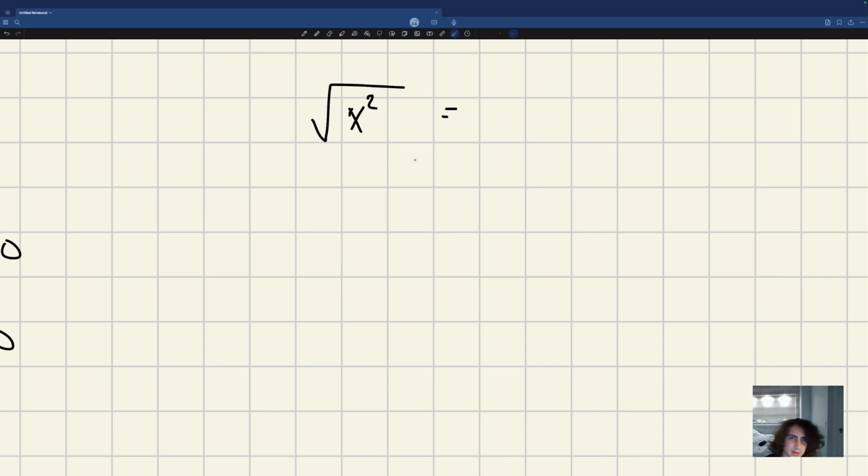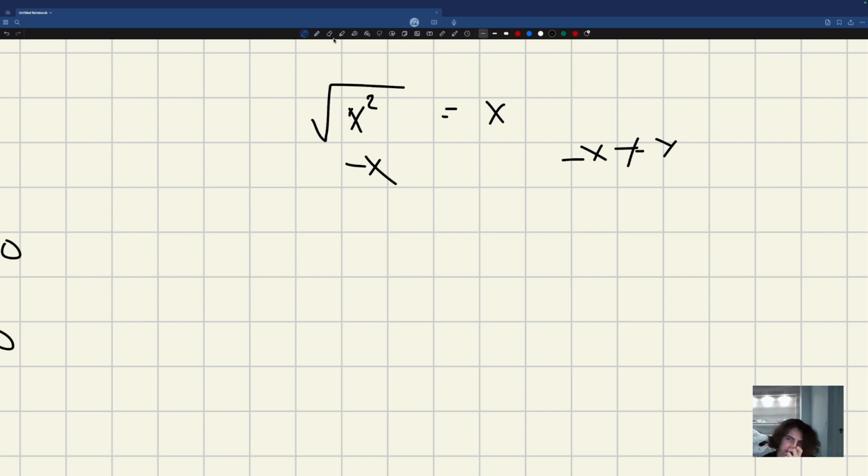So if you just say the square root of x squared is just x, you've got it absolutely wrong, because the square root of x squared can also be negative x. So say we substitute negative x into x right now. Negative x squared is x squared. The square root of x squared, according to this logic, is x. So therefore, negative x is equal to x, which is just illogical. So that reasoning is wrong.